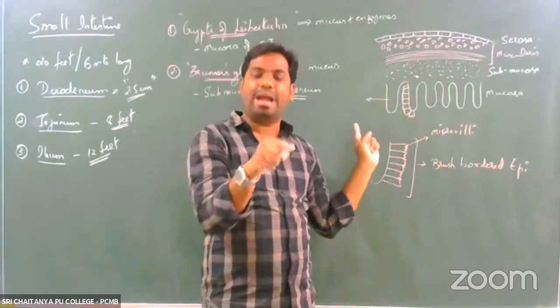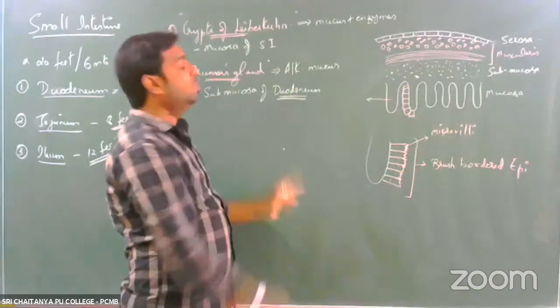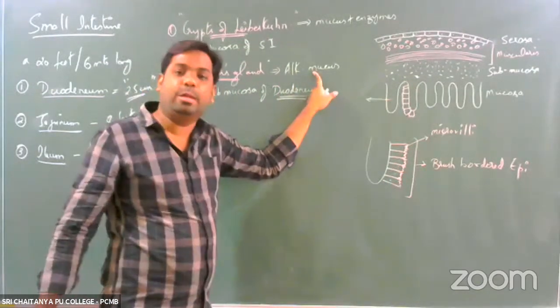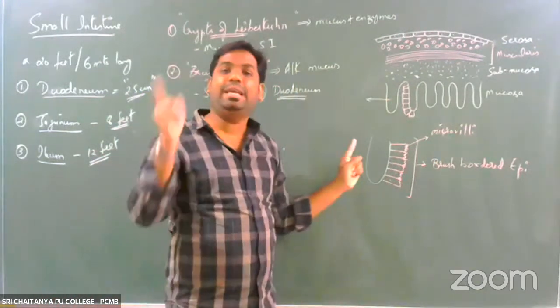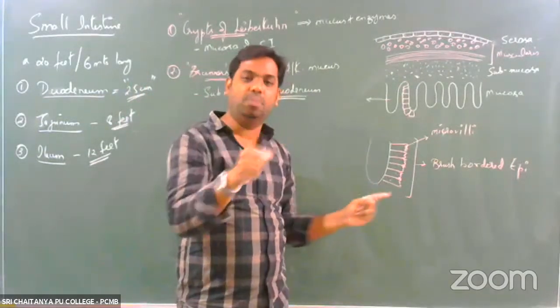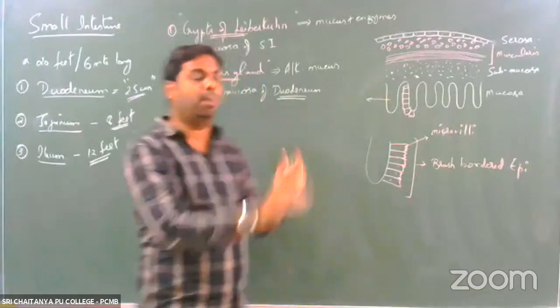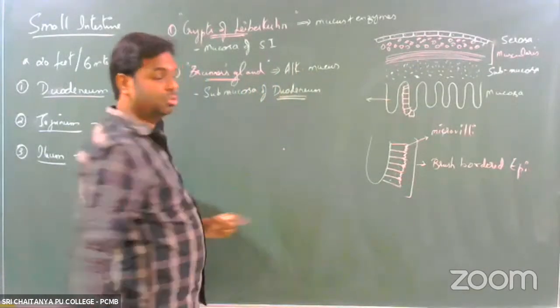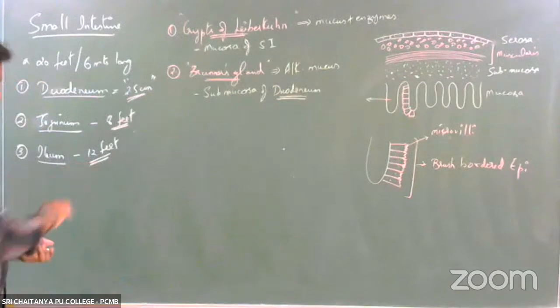To prevent that, the Brunner's gland secretes alkaline mucus such that the acidic chyme from the stomach entering into the duodenum is neutralized. That is the role of the secretion of the Brunner's gland.